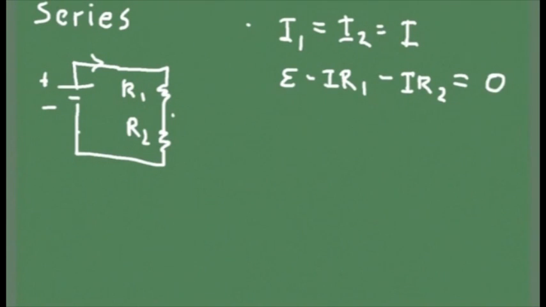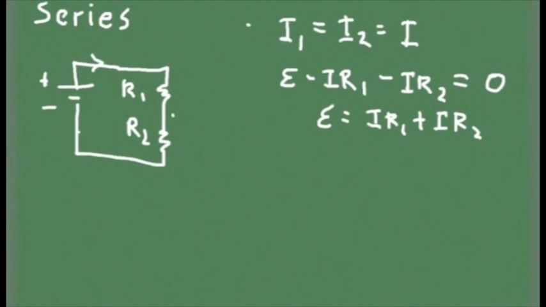Okay? So from this we conclude that the potential drops of the resistors in a circuit in series add up. You take one, you take the other one, you add them, and that should be equal to the voltage of the battery.